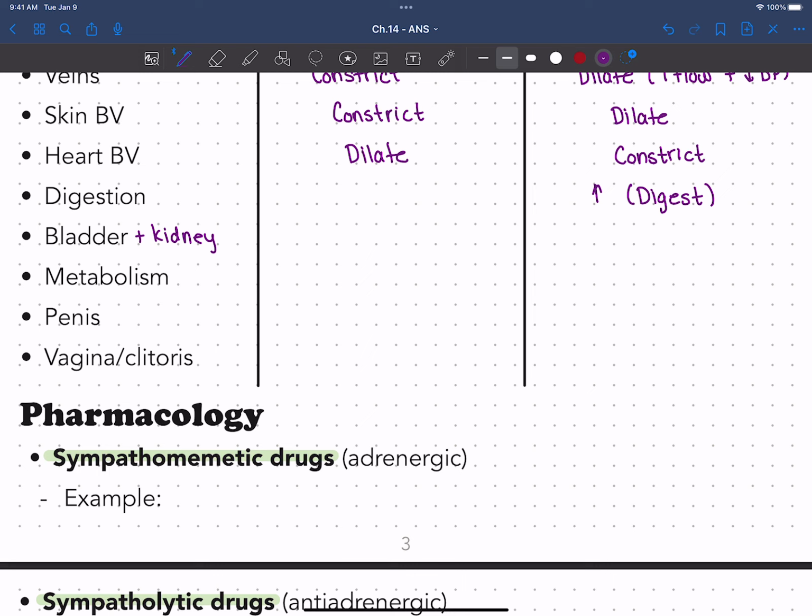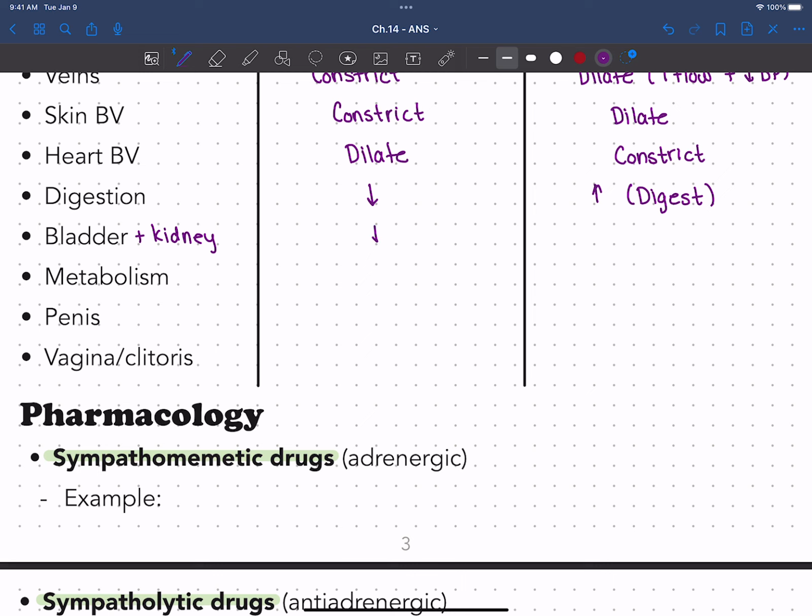And digestion generally is inhibited by the sympathetic nervous system, so it will decrease digestion. Your body doesn't want to send energy and blood to the digestive organs during a high stress, fight or flight type of situation. Right?